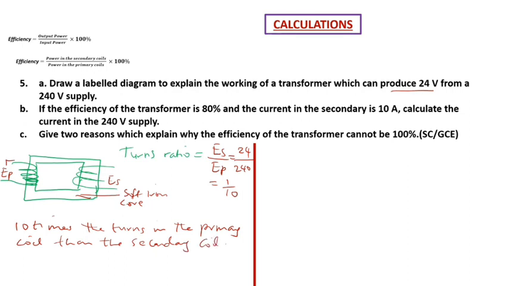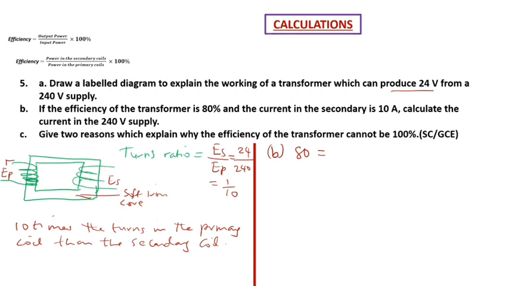Okay. B, if the efficiency of the transformer is 80% and the current in the secondary is 10 ampere, calculate the current in the 240 volt supply. So let's quickly work this out. B, if the efficiency of the transformer is 80%, so we have 80 is equal to, and the current in the secondary is 10 ampere.